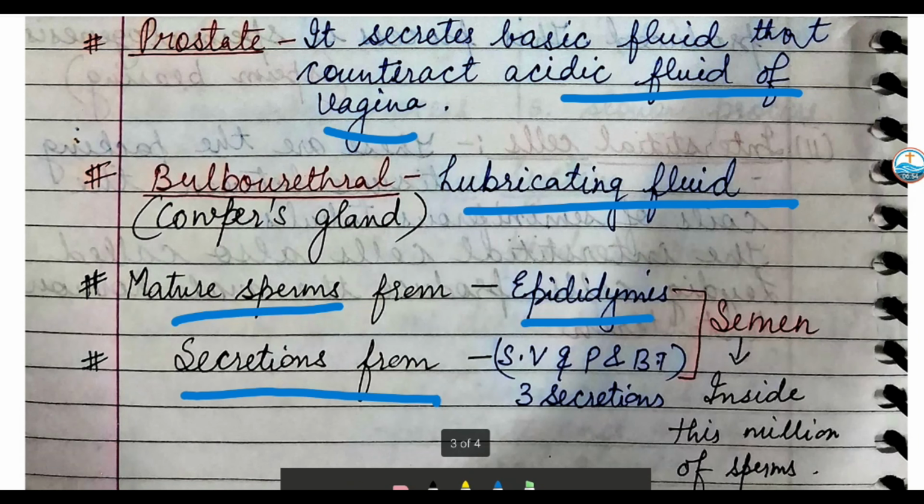I have made it in such a way that even if you are reading this chapter for the first time and find it hard, at a glance you can understand: mature sperm from the epididymis, then secretion from the seminal vesicles, then P is prostate, and then bulbourethral. These three secretions all form the semen, and millions of sperms are inside this semen, which take part further in fertilization.